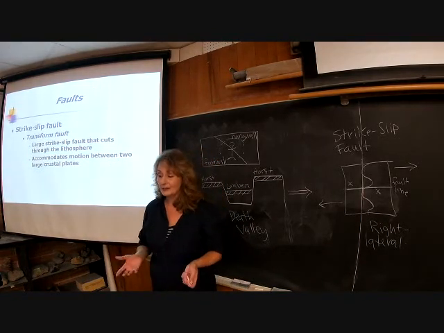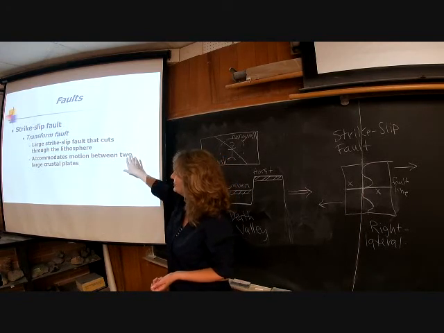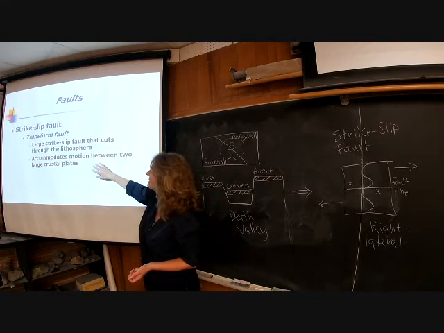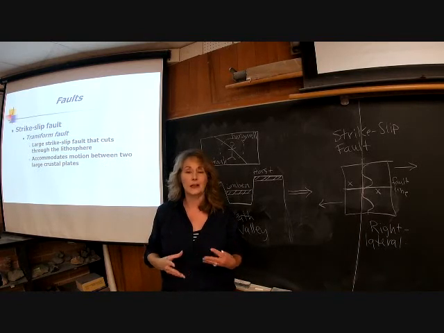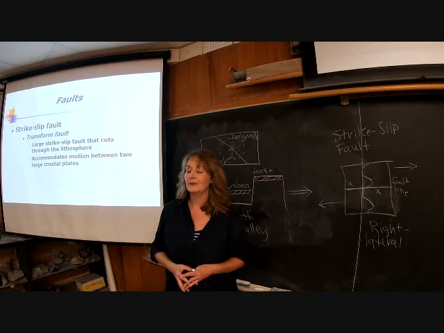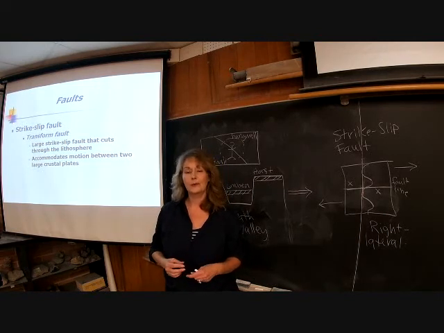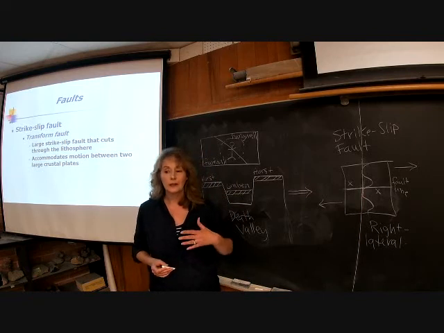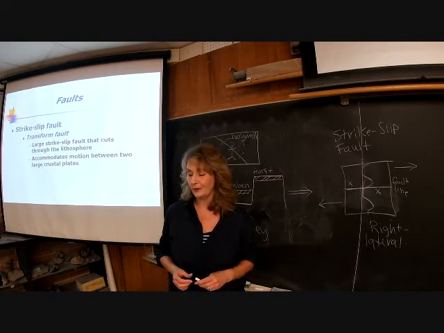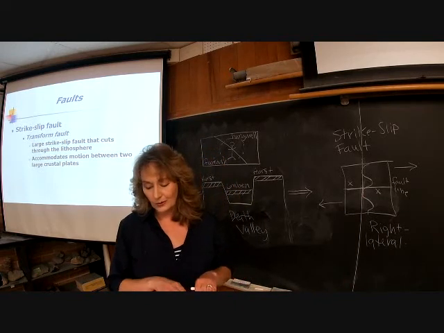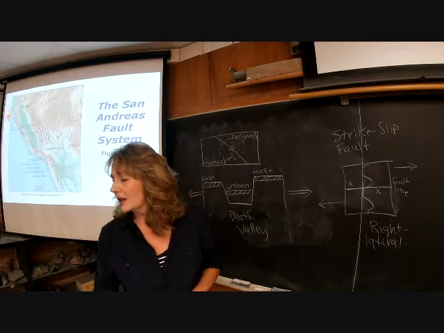Okay. So strike slip faults, transform faults. So large strike slip faults that cut through the lithosphere accommodate the motion between large crustal plates. So that's San Andreas strike slip faults. Transform boundaries, if you remember those from our several types of plate tectonic boundaries, was a transform type of fault. So that's a horizontal motion, a shearing motion there.